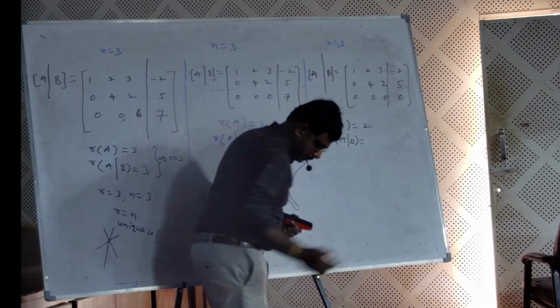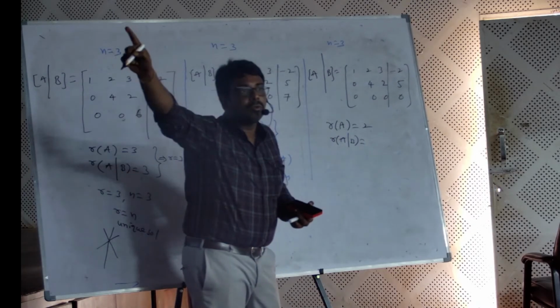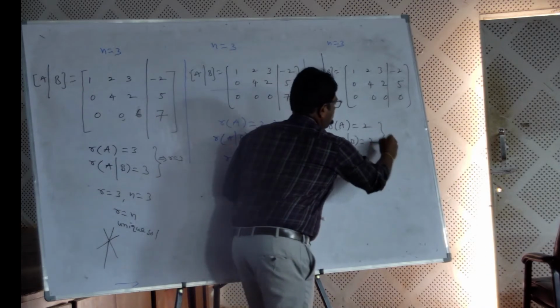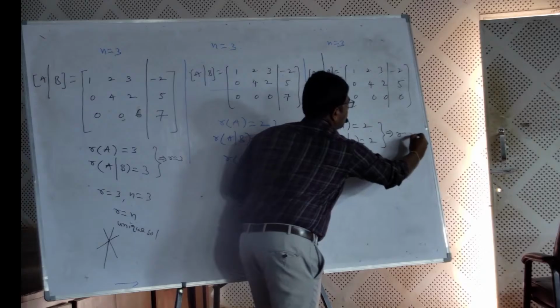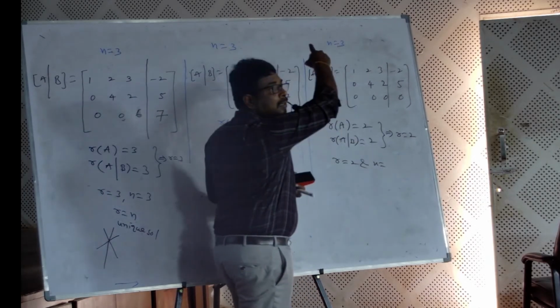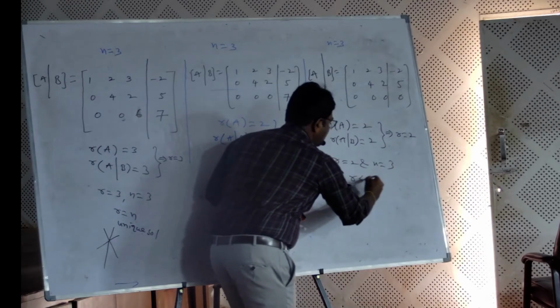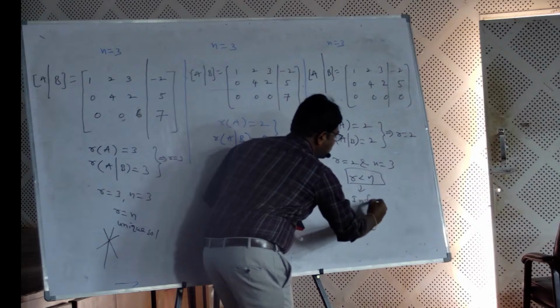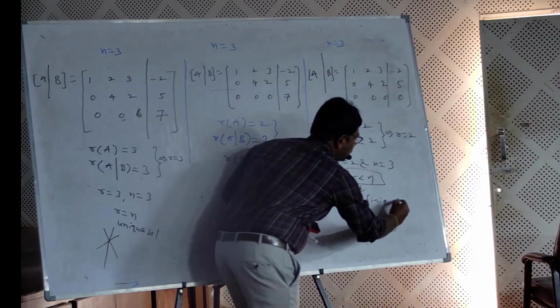Entire matrix. What is the last row? 0. What's the common rank? Rank is 2. Number of unknowns 3. What is the relationship between these two? Which solutions? Infinite solutions.